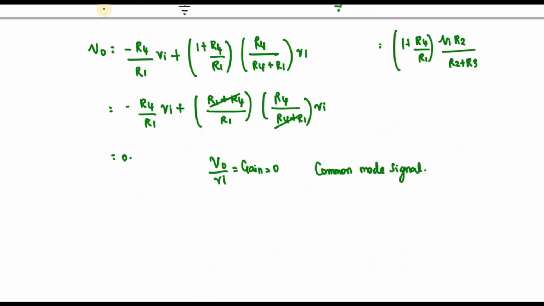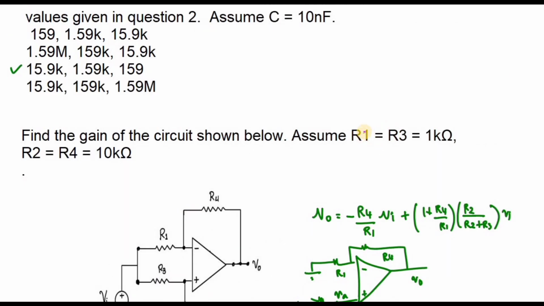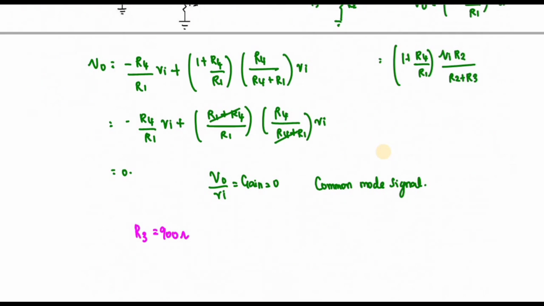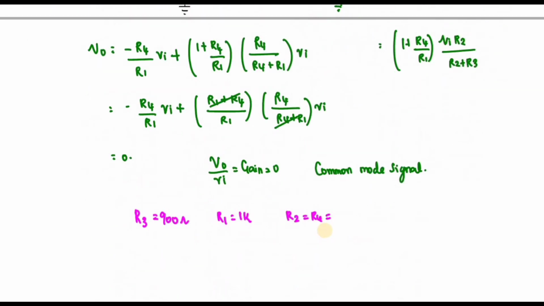Suppose they have changed the value of R3 to 900 ohm. The rest of the values are the same. So R1 is 1K, and R2 and R4 are equal to 10 kilo ohm.